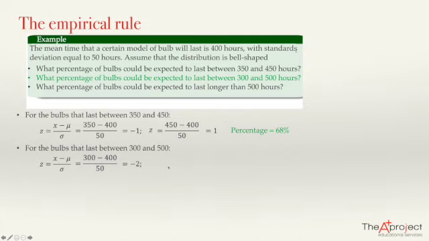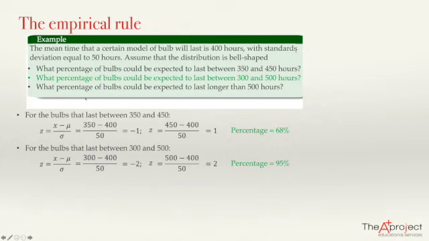And we need to check that the other z-score is 2. So the other number is 500: 500 minus 400 divided by 50, and this is exactly equal to 2. So now I know that approximately 95% of the data will be between these two numbers.